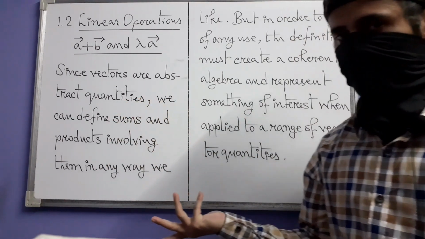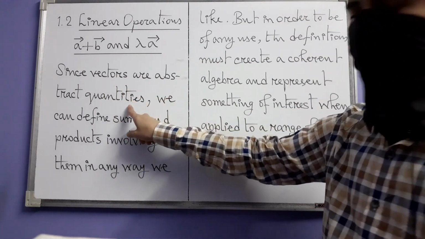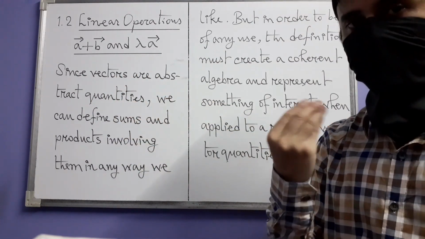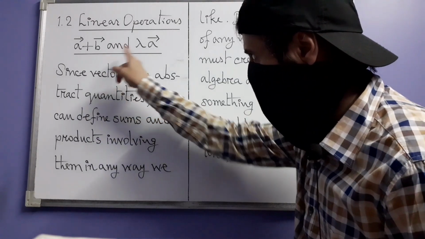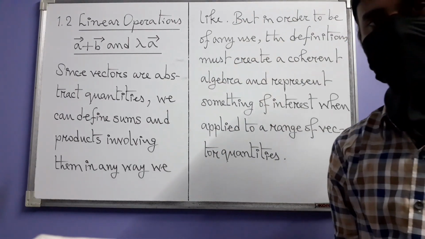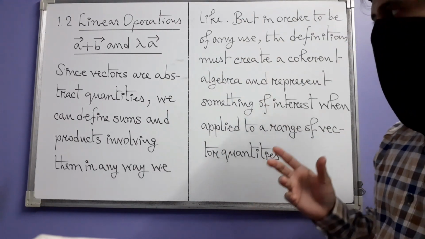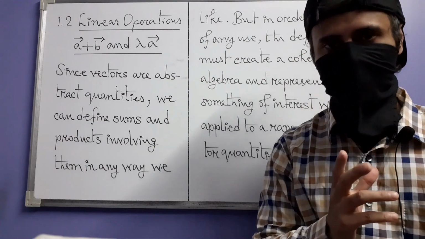And this is important. Since vectors are abstract quantities, they are mathematical quantities, we can define sums and products involving them in any way we like. That is just like saying that you have the game of chess, right?